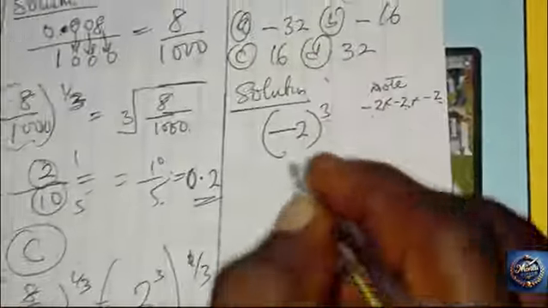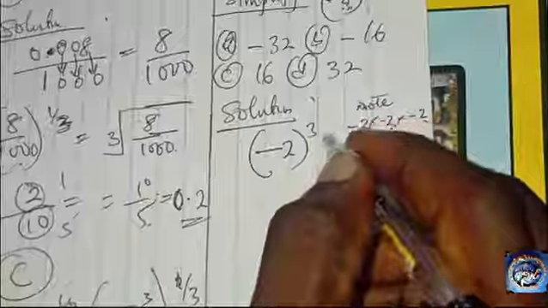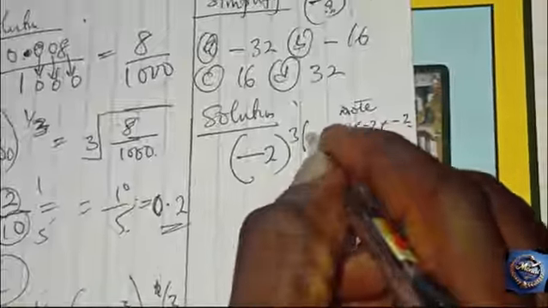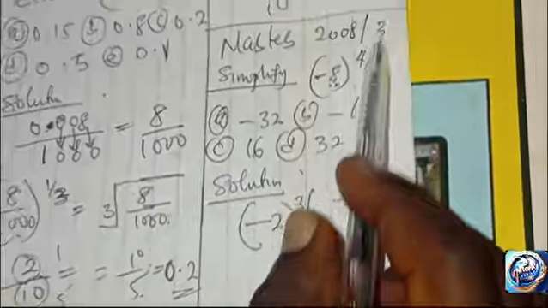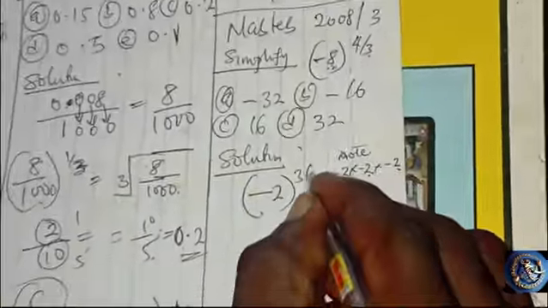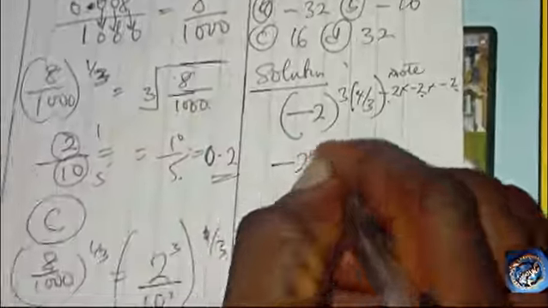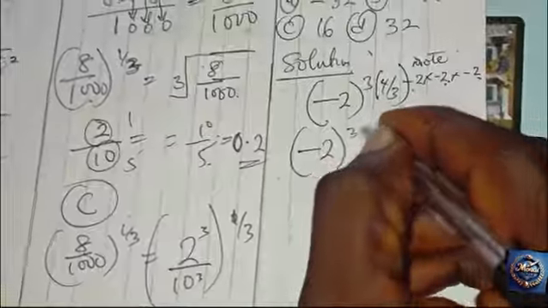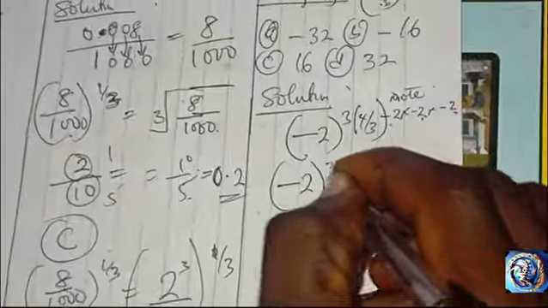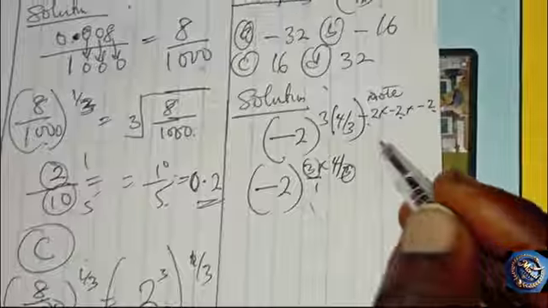So this is minus 2 raised to power 3. Then don't forget the bracket, the power that carries it, 4 over 3. So I come here and say minus 2 raised to power 3 times 4 over 3. So 3 takes care of this 3.